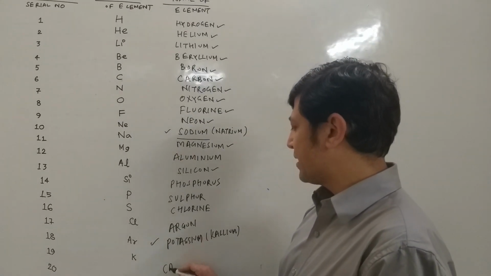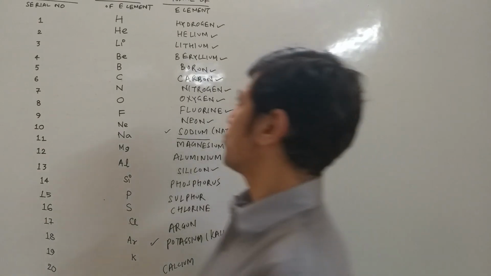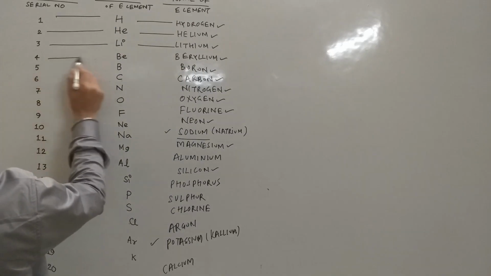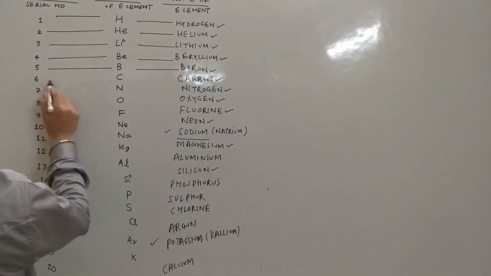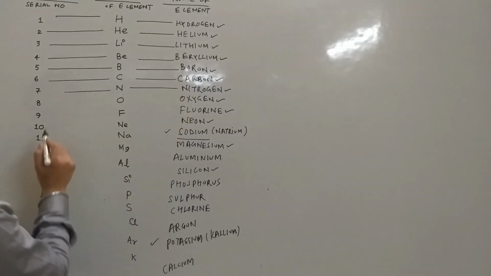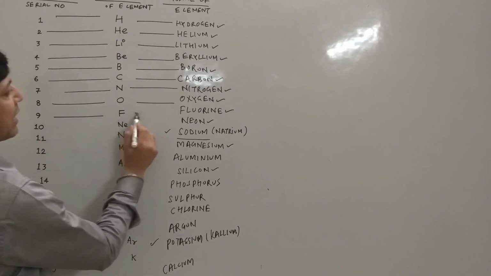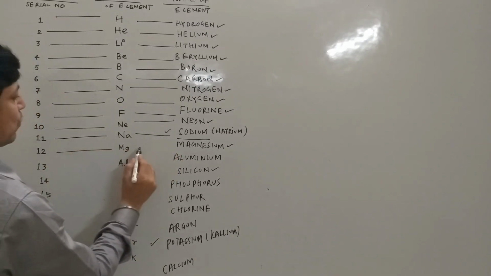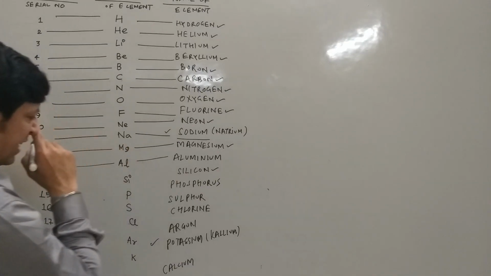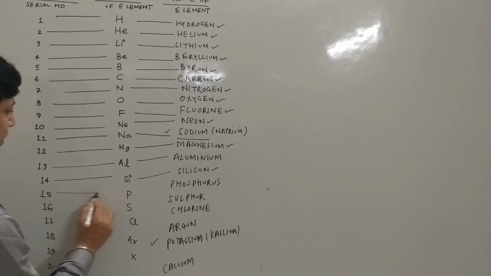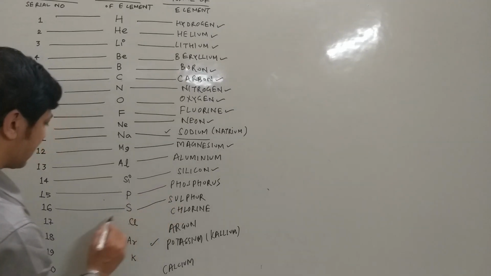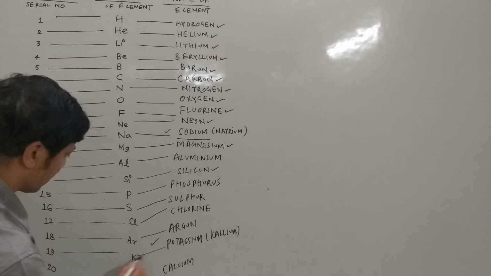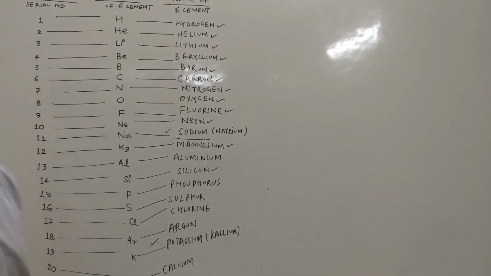And atomic number 20 is calcium, which is Ca. So atomic number 1 is hydrogen, 2 is helium, 3 is lithium, 4 is beryllium, 5 is boron, 6 is carbon, 7 is nitrogen, 8 is oxygen, 9 is fluorine, 10 is neon, 11 is sodium, 12 is magnesium, 13 is aluminium, 14 is silicon, 15 is phosphorus, 16 is sulfur, 17 is chlorine, 18 is argon, 19 is potassium and 20 is calcium.